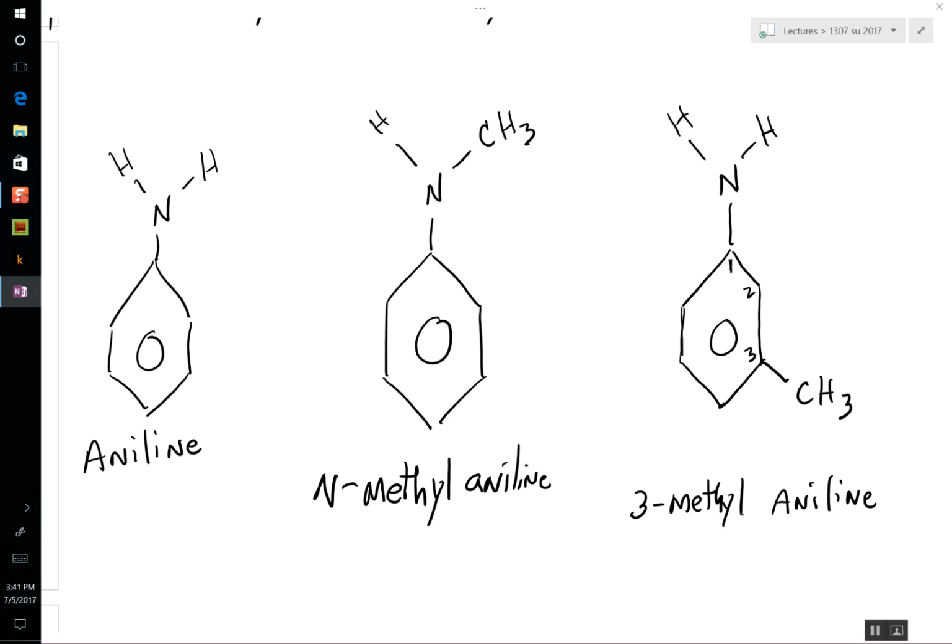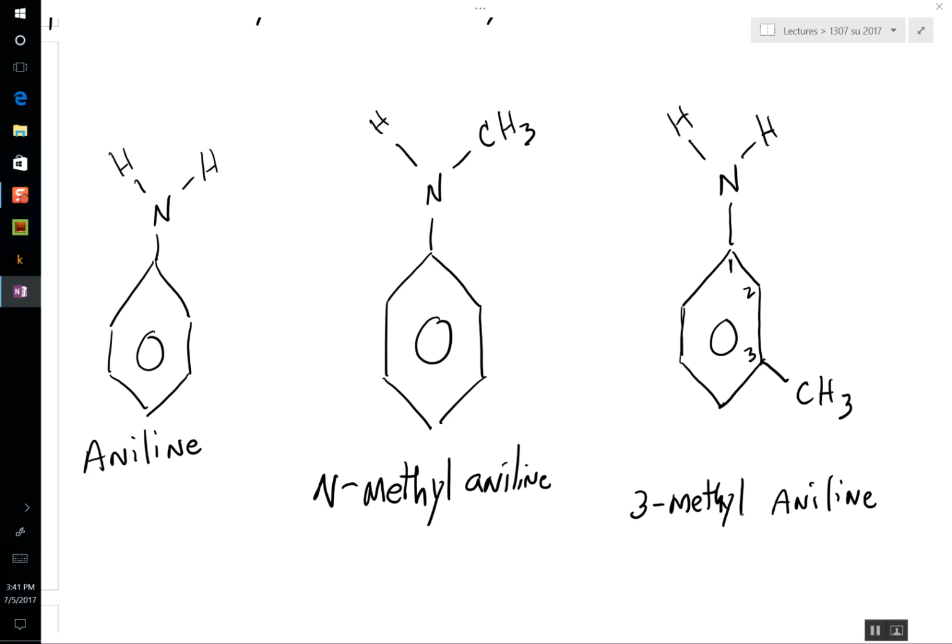Does that help you see where the N in a name is being used just like a number, but the numbers are always going to be pointing to a carbon, not a nitrogen?